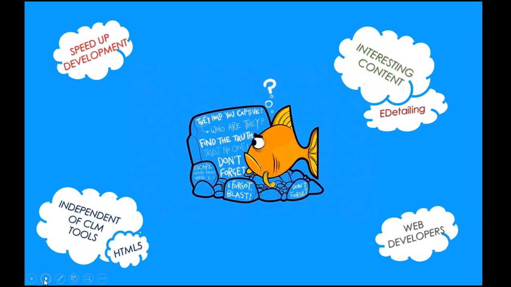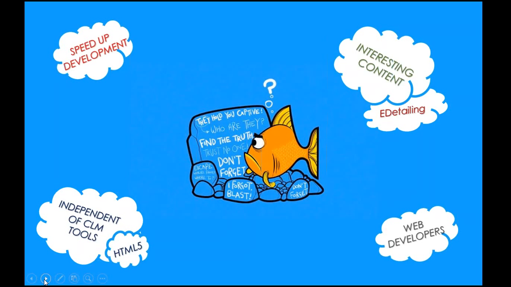However, there exist a number of challenges that each company usually faces in e-detailing development. The matter is that the process is too resource consuming. It concerns both time and money. So the ready-made presentations are compatible only with one CLM system, or they are not cross-platform.